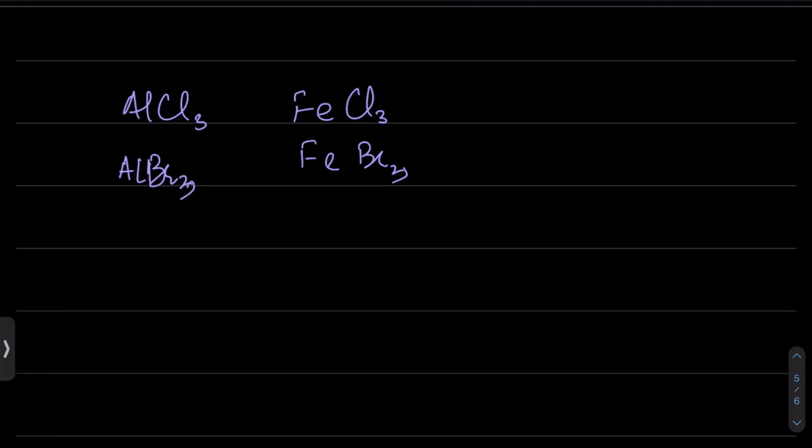Okay, so these catalysts, what is an important thing? Why does aluminum trichloride work? Because aluminum trichloride has an empty orbital. It needs to make a dative bond to complete its octet.